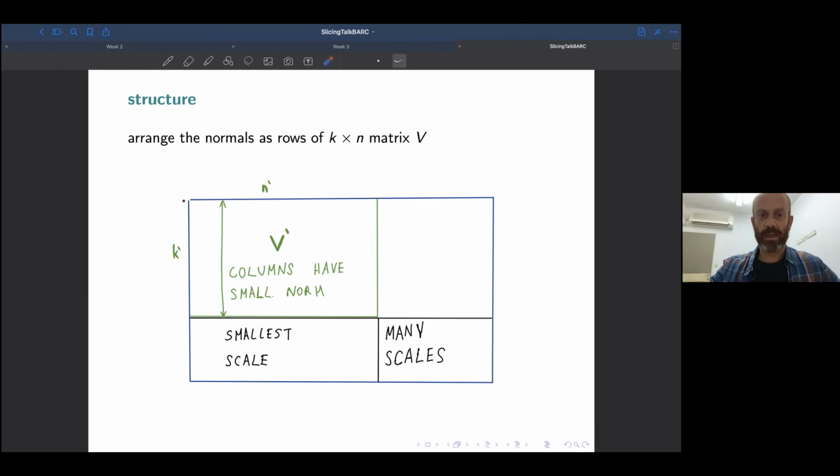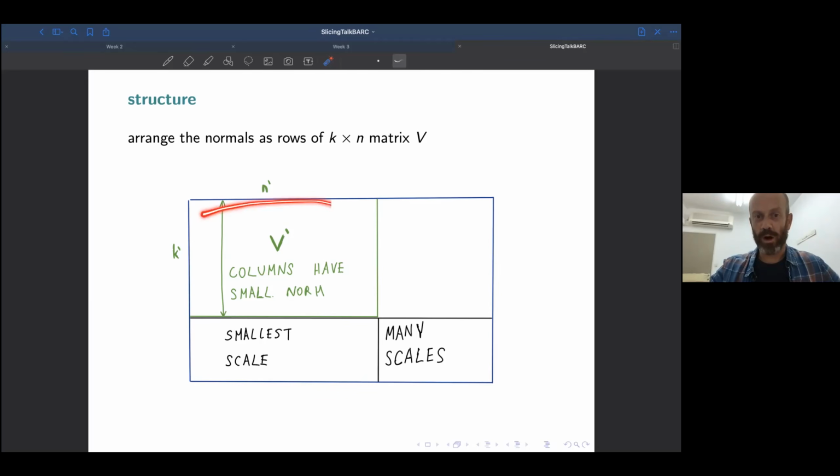Now, if k prime is less small, then 1 over square root of n plus 1 over square root of n plus 1 over square root of n, this is a small number. So the column will have small norm, actually L2 norm, but okay, this is the structure.